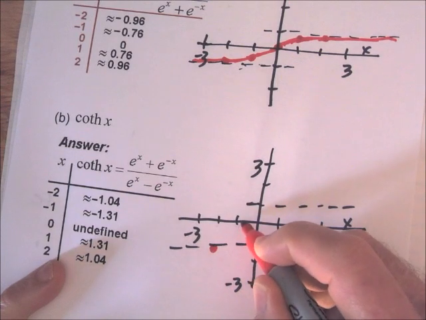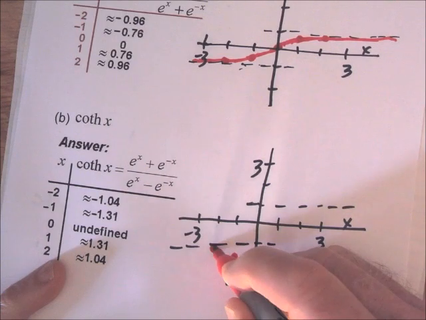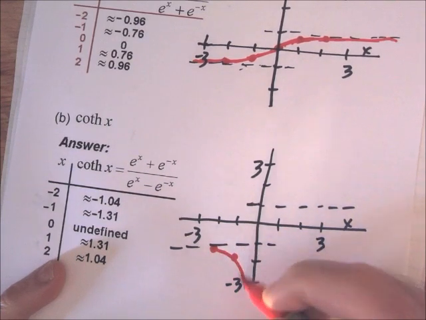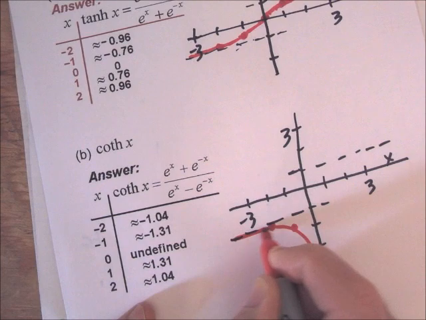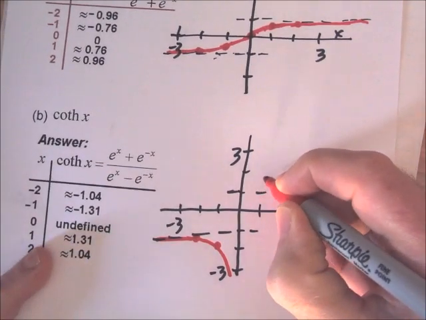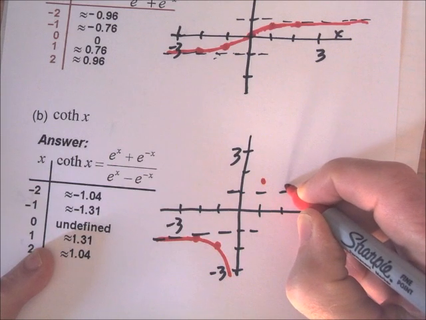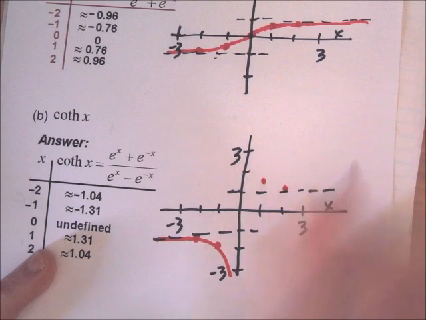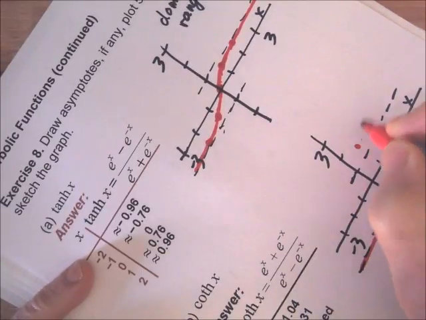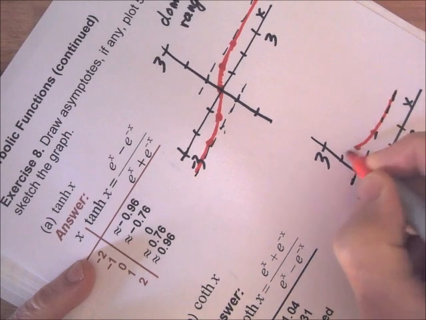And 1 to the left, down about 1 1/3. And you can connect the dots and extend it toward the asymptote. Then we have 1 to the right up, about 1.3, and 2 to the right up just a little bit past 1, and connect the dots and extend it toward the asymptotes.